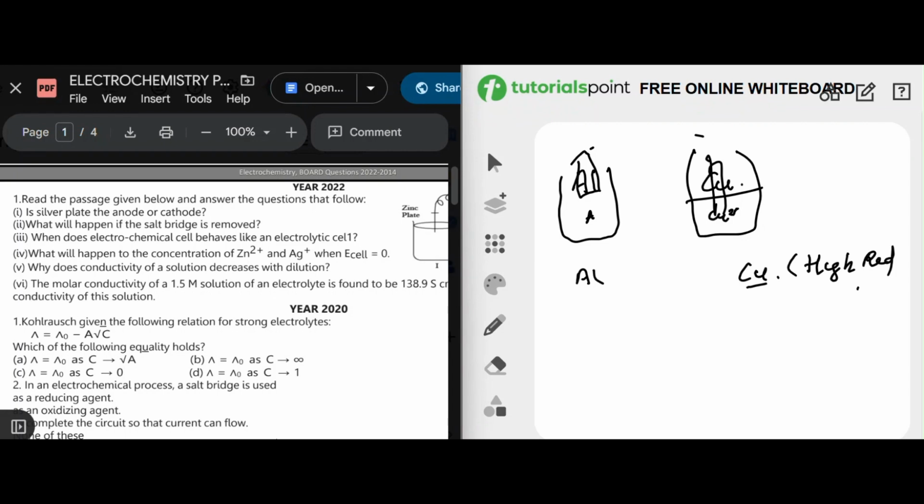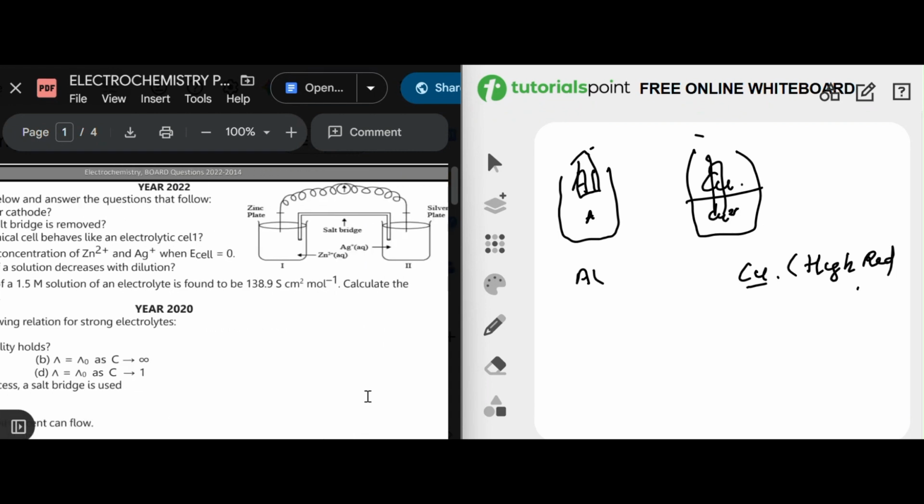When it is connected like this, we can calculate the E0 cell value. E0 cell will be E0 cathode minus E0 anode.